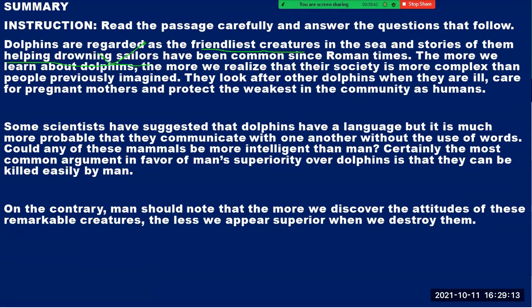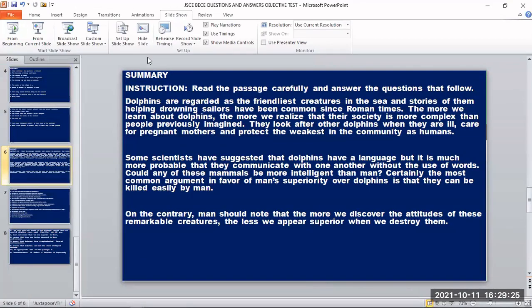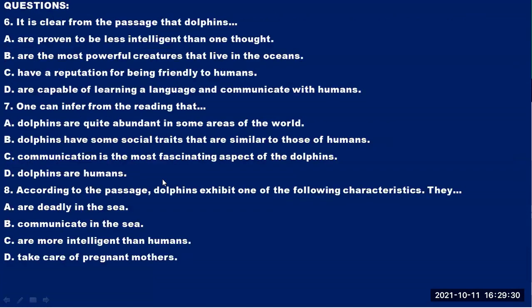That's the story. And then we find they are friendly. And who are they friendly to? Human beings, especially the sailors. So we can now beat our chest that this is the accurate answer. So we now head back, and we can then mark option C, because that is correct.